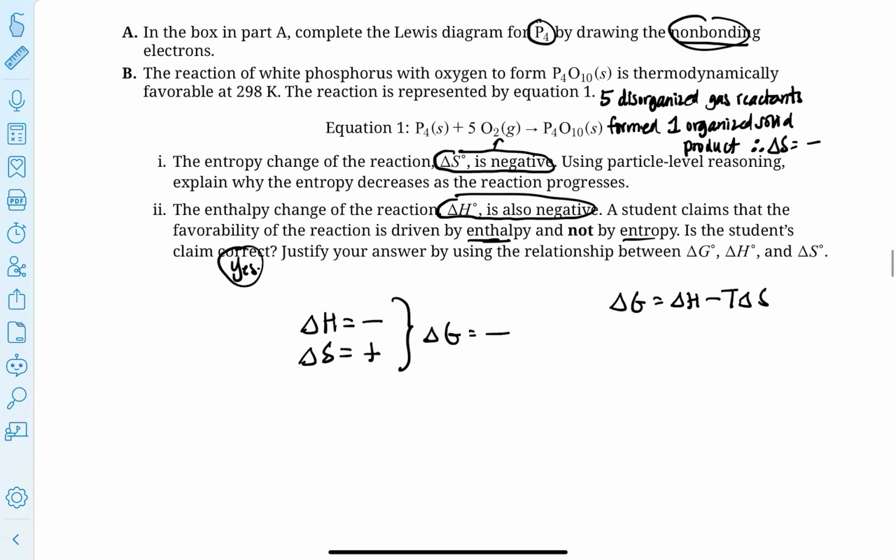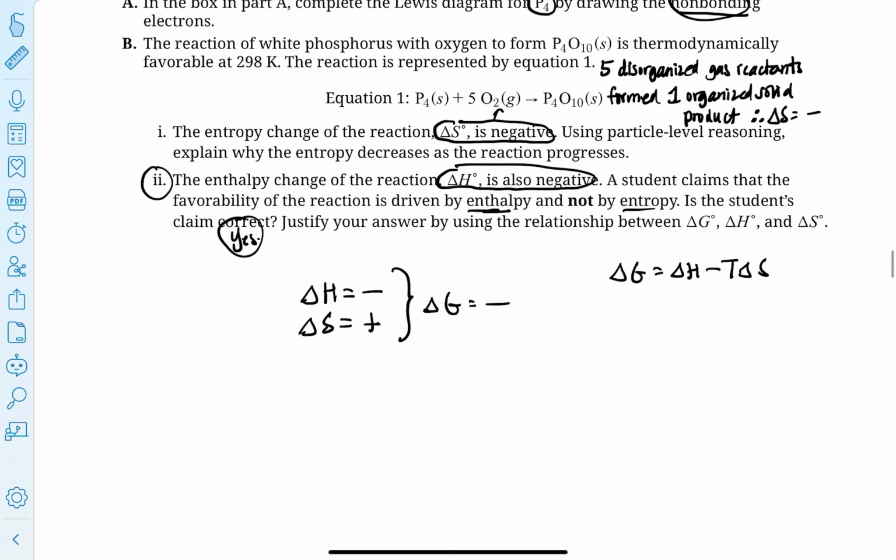And so if I read my scenario in question 2, I see that the delta H was negative, so that's a good thing. Delta S was also negative because that's what it told me in part 1. So if the reaction was completed, I know that is not because of the entropy in this case. It must have been the enthalpy, which would have driven delta G to be a negative number.